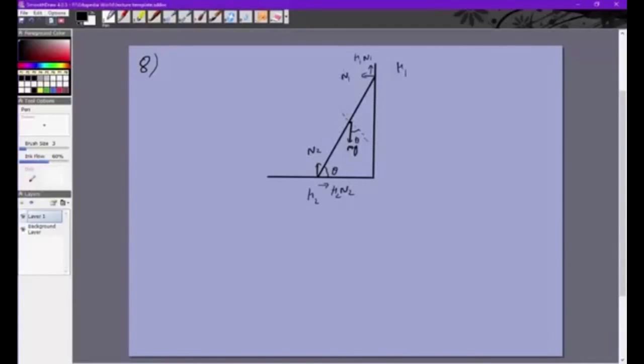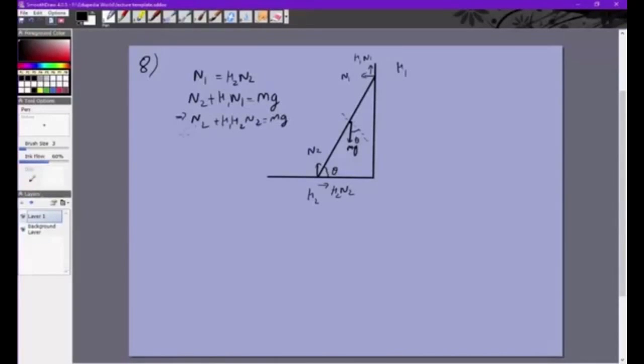So you can have two equations for force being 0 in the x and y directions. That will give you N1 is equal to mu2 N2 and N2 plus mu1 N1 is equal to Mg. This can be written as N2 plus mu1 mu2 N2 is equal to Mg.